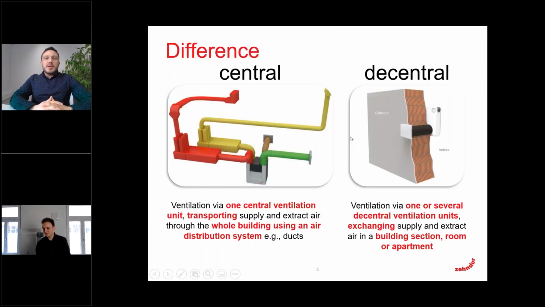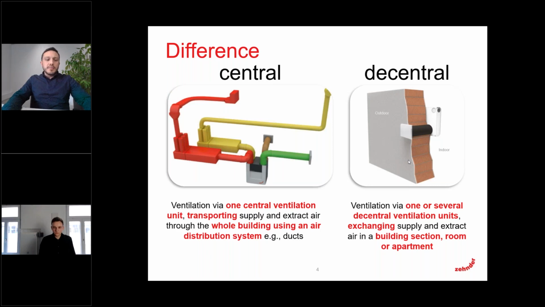So the difference in central versus decentral. Many of you definitely know there's the difference of air volume, but that's not the only significant difference, as decentral solutions can also have units with higher air volume.